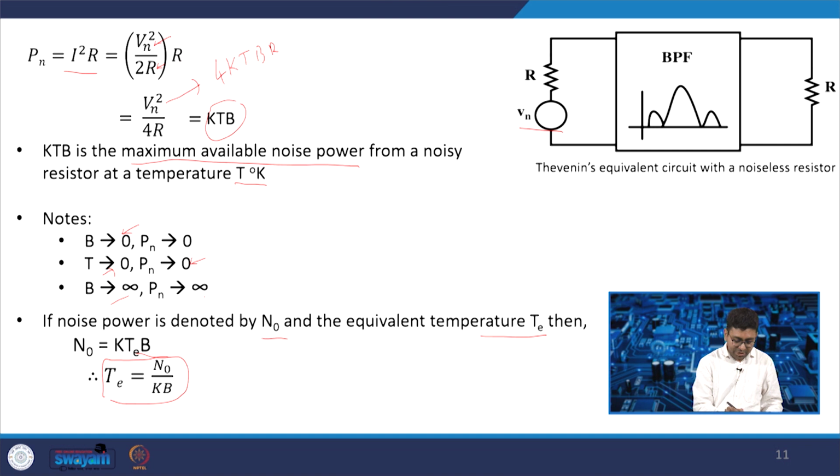So, if your system has a smaller bandwidth, then noise power is less.